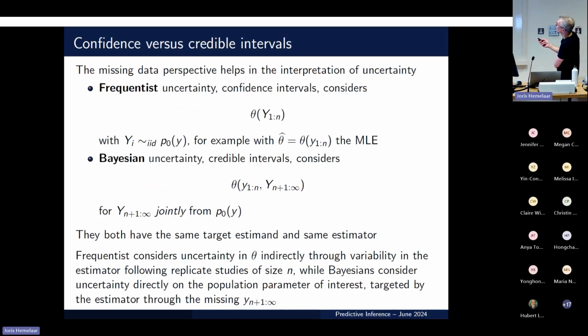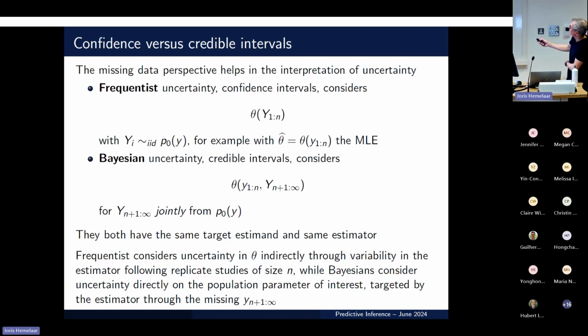It also shines light on the difference between frequentist uncertainty in confidence intervals and Bayesian uncertainty in credible intervals in the following manner. We have an estimand of interest, say I want to know the average treatment effect. We can think of frequentist intervals as being constructed in the following way. I've got my estimator, my estimating equation, say it's just taking the mean of some outcome.